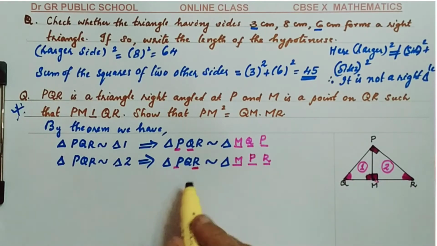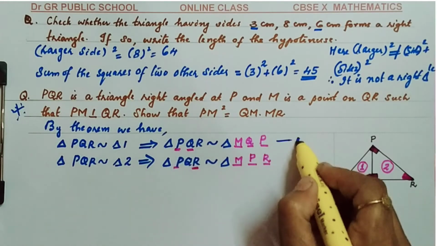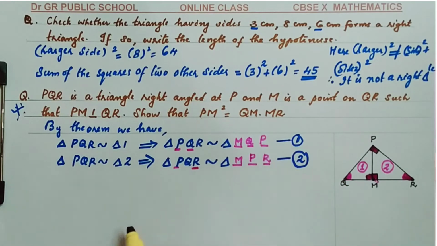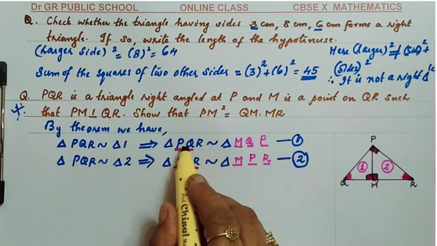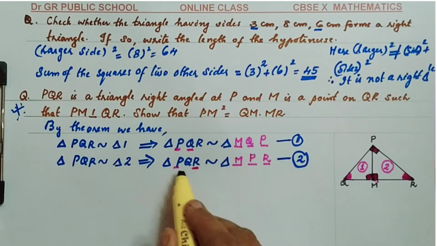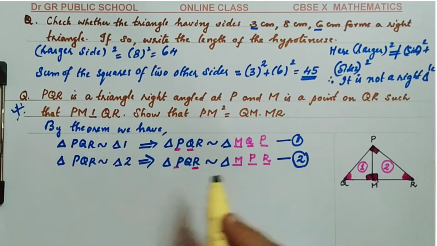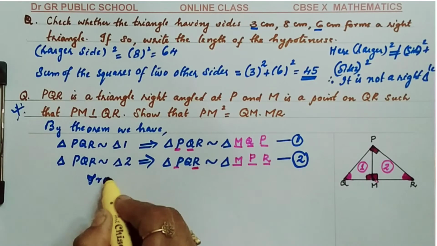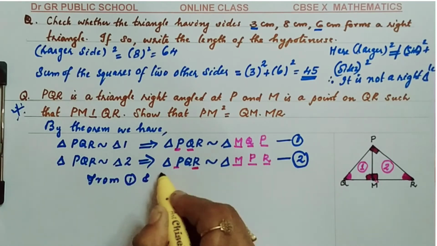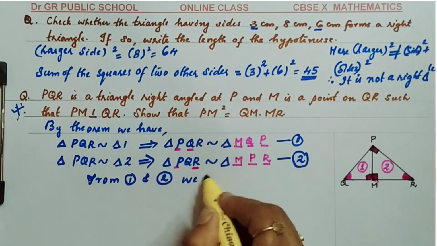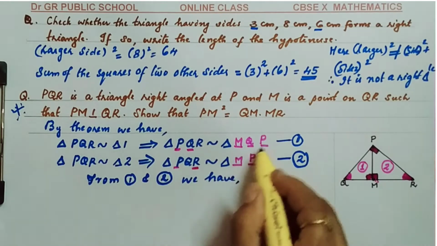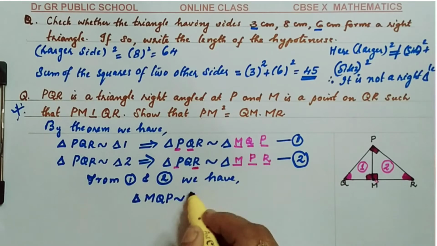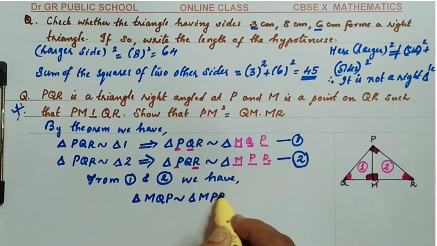From this, you can say that triangle PQR, this you can take as equation 1, this you can take as equation 2. From 1 and 2, you can say that triangle PQR is similar to triangle MQP, triangle PQR is similar to triangle MPR. So, equating these two, what you get from 1 and 2, we have triangle MQP is similar to triangle MPR.